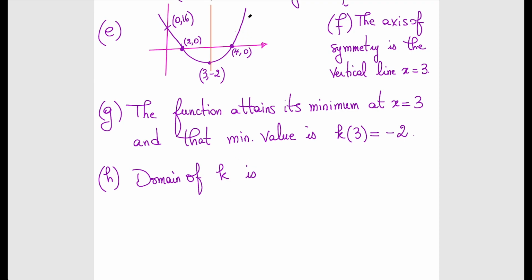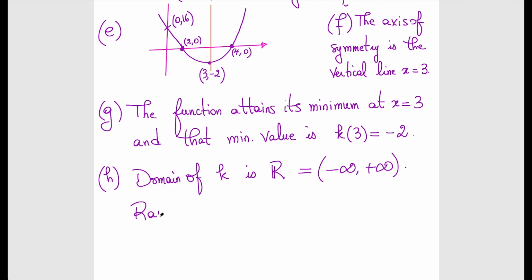Well, the function k is a quadratic function, so it's defined everywhere, like the parent function x squared. So it's all real numbers. I'm not writing it in interval notation, but you know that this is minus infinity to plus infinity, right? Again, feel free to interpret the domain in any way you want. It doesn't have to be only in interval notation.